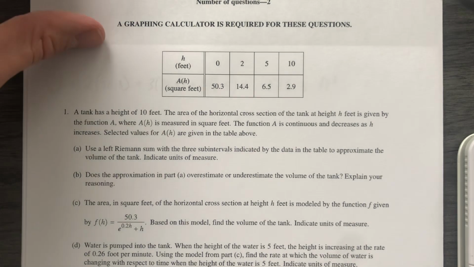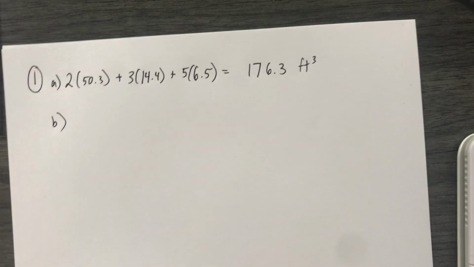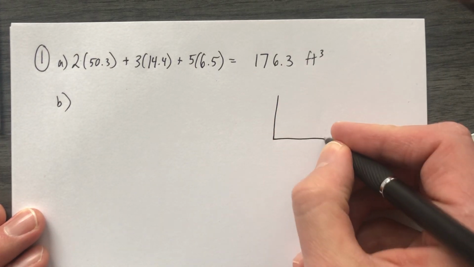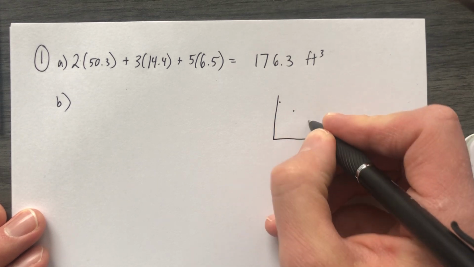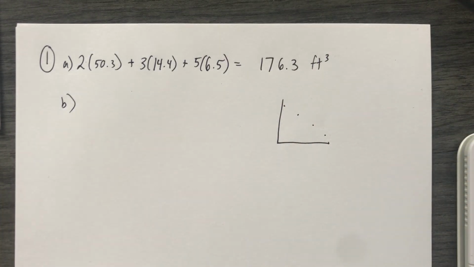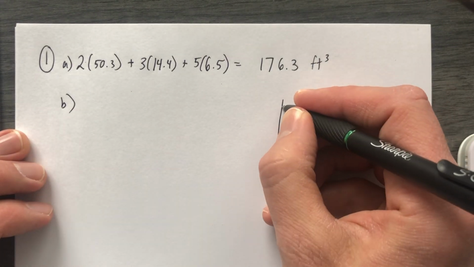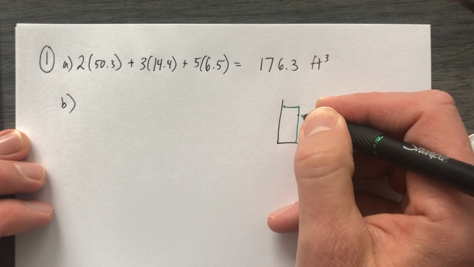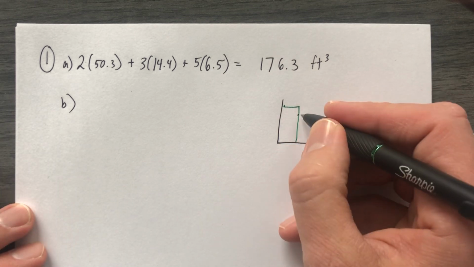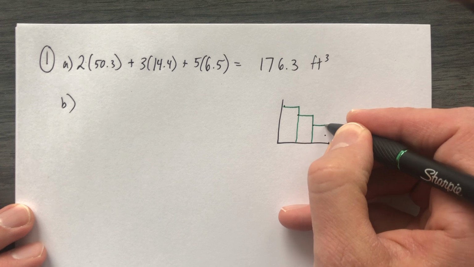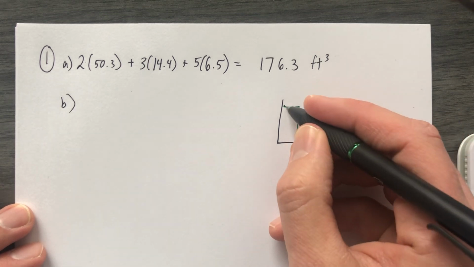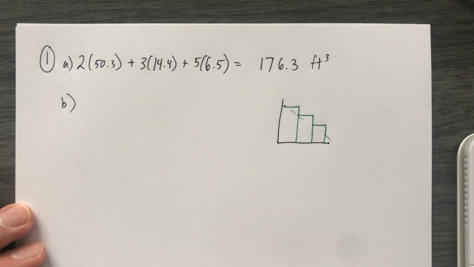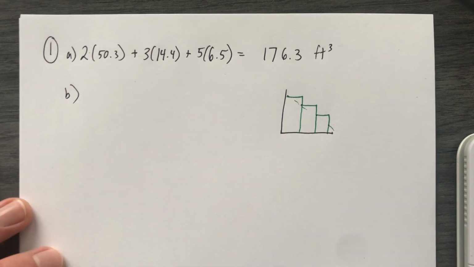If you need a visual for this, and this is not part of my work, it would be basically a decreasing function, and drawing little rectangles here for a decreasing function would give me an overestimate. So if you need a visual, you can draw it, but the actual answer is right here in words.